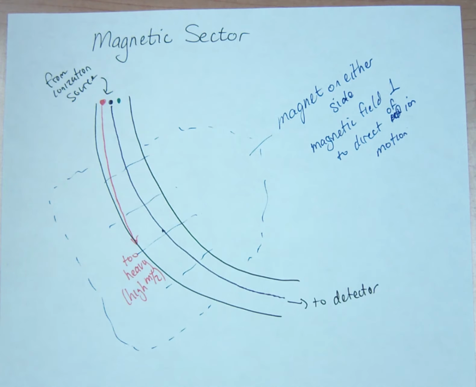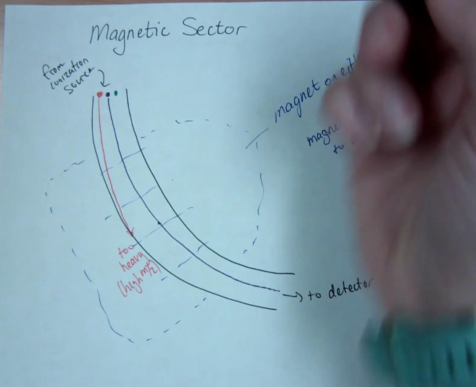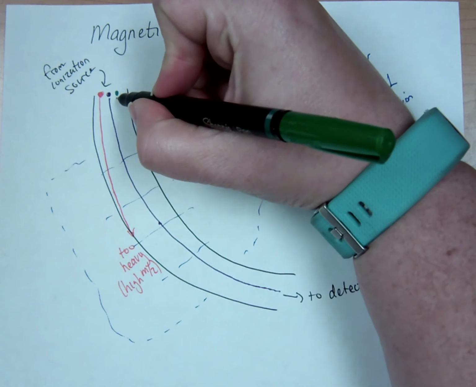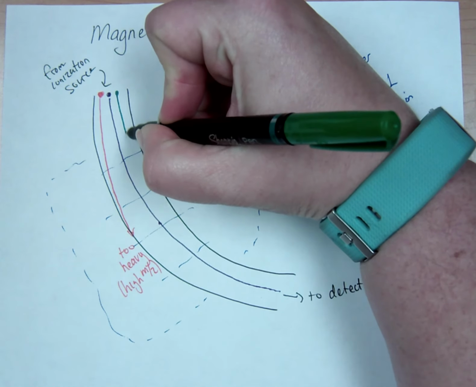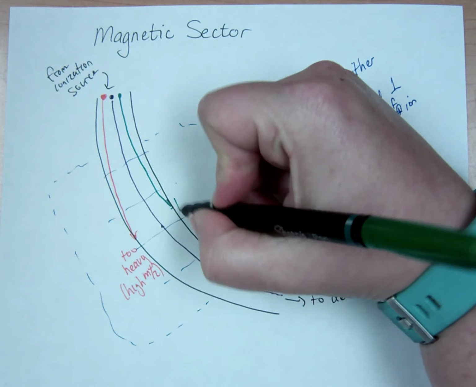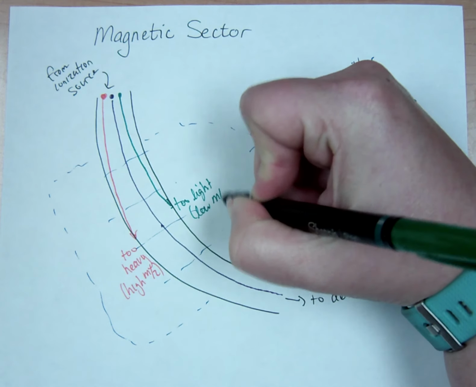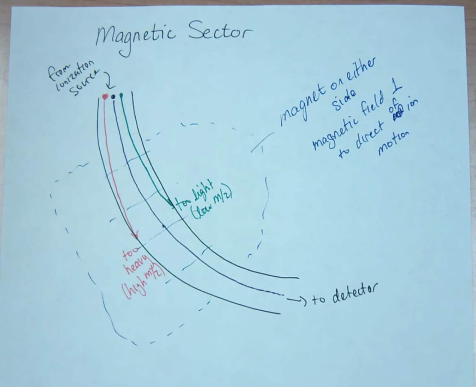It's not going to be pushed enough to make the curve. Additionally, if it's really light, if it's got a small mass to charge ratio, then it's going to be pushed an awful lot, and that force of the push is going to drive it to the wall on the other side. So it has a low mass to charge ratio and ends up hitting the wall. If they hit the wall, they're not going to make it out the path to the detector. So we get this Goldilocks principle where only the ion of the right mass to charge ratio for our strength of magnet is going to make it out to the detector.